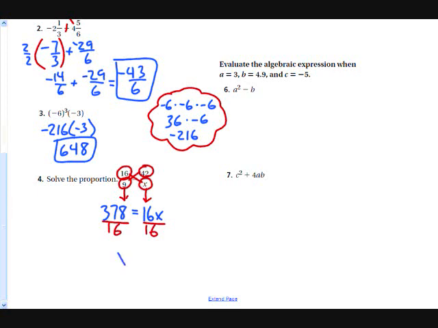And this one doesn't look like it's going to divide evenly, so what I'll end up doing is leaving this as an improper fraction, as 378 over 16, but I can reduce that for each divisible by 2, so that's going to give me a 189 over 8. And I could write that as a mixed number, but I'm going to accept it as an improper fraction.